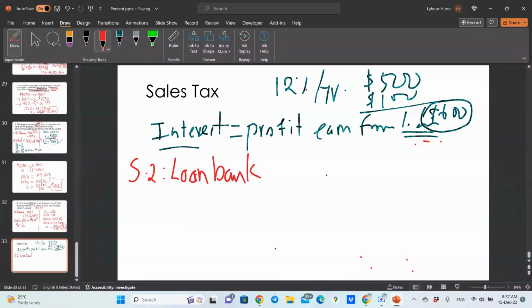Of course, even us, we don't want to give money to someone without gaining anything, right? We want a little profit for me. If I hand somebody money for borrowing, that person should give me something. That something is called interest.